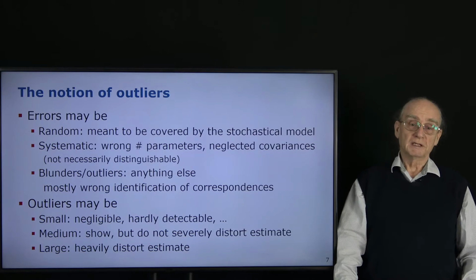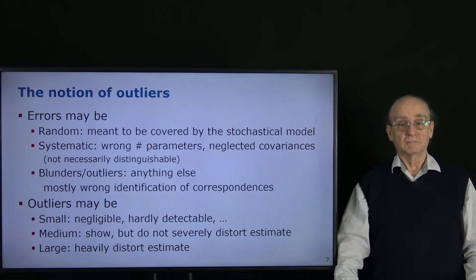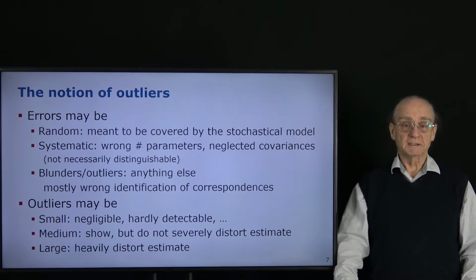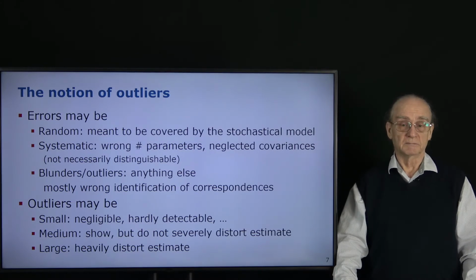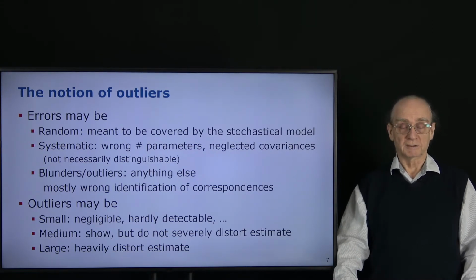They may be medium-sized, so they clearly show in the residuals, for instance, and they do not severely distort the estimate, but because the residuals are very large, we see that there must be some outliers. And there may be outliers which are very large. They certainly heavily distort the estimate if we really get an estimate. So it might be that we don't even get convergence in our process because of large outliers.